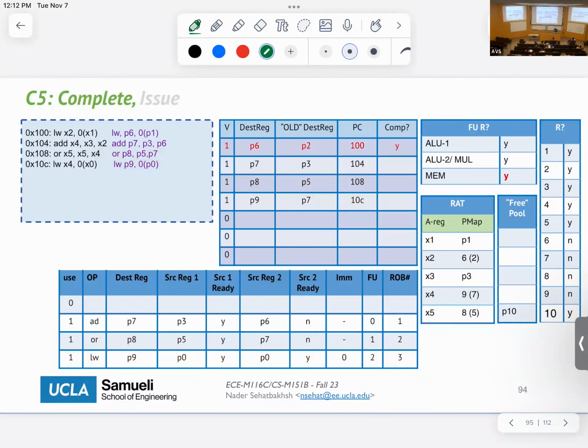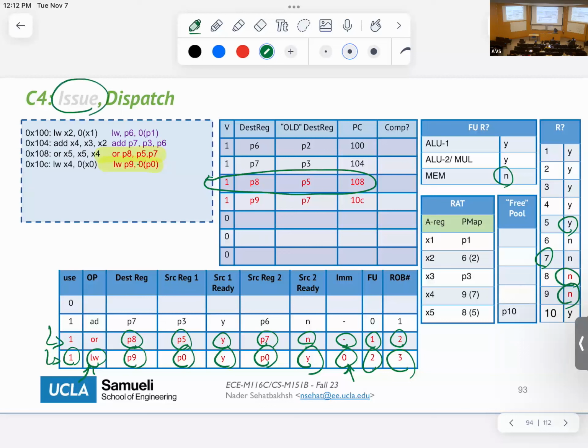We continue. So in cycle 4, this load instruction was issued. In this particular example, I'm assuming that everything takes exactly 1 cycle. In your homework, we made it a little bit different and said that loads take 2 cycles.